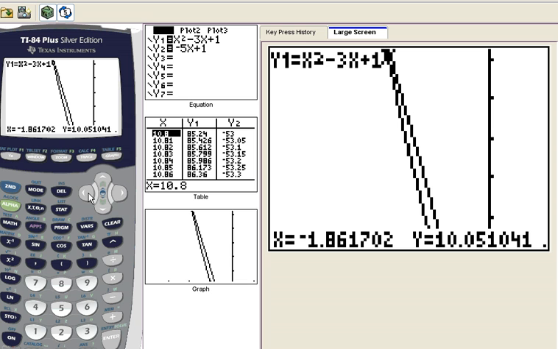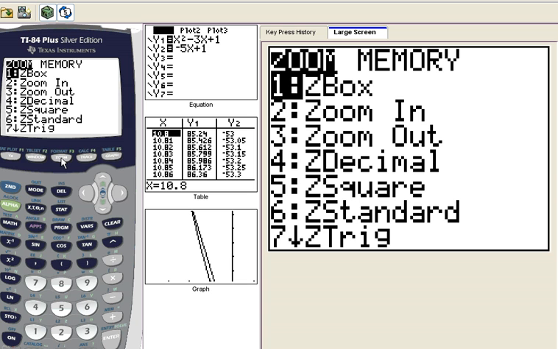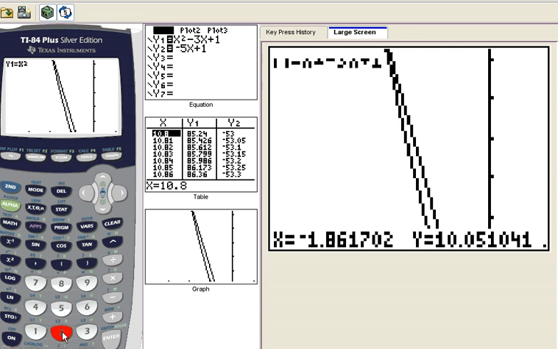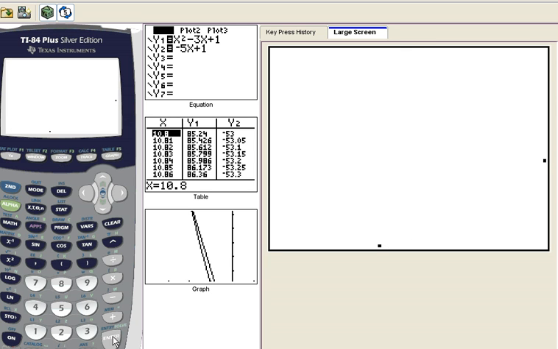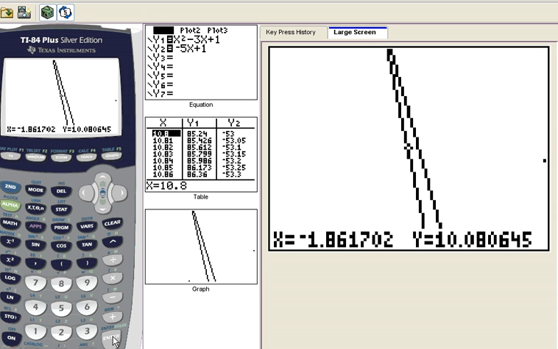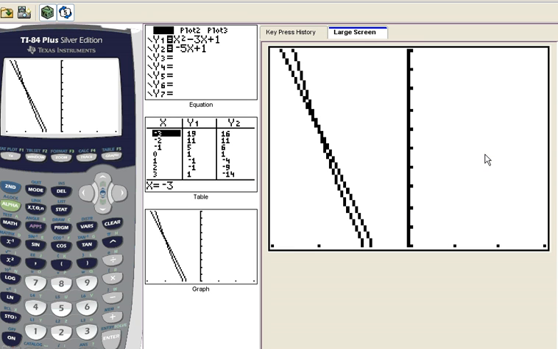Somewhere up here it's crossing. So I have it zoomed to where I want it, and you can see where the two lines cross right in here.